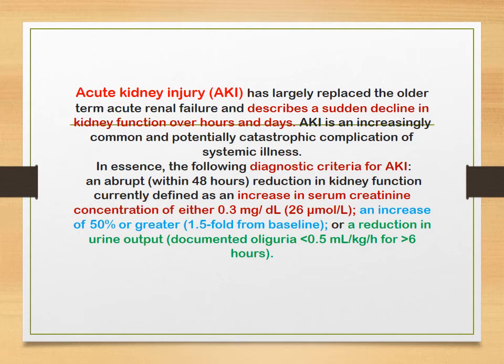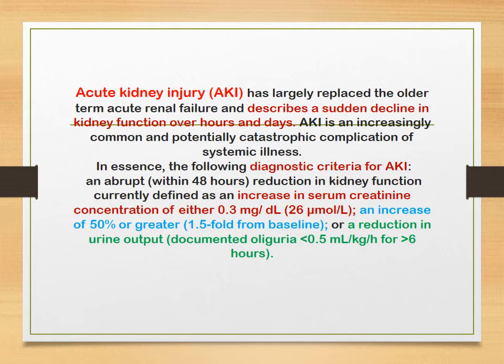Acute kidney injury is a sudden decline in kidney function over hours or days, and when not corrected for more than 3 months, it is referred to as chronic kidney disease or chronic kidney failure. What are the diagnostic criteria for acute kidney injury?